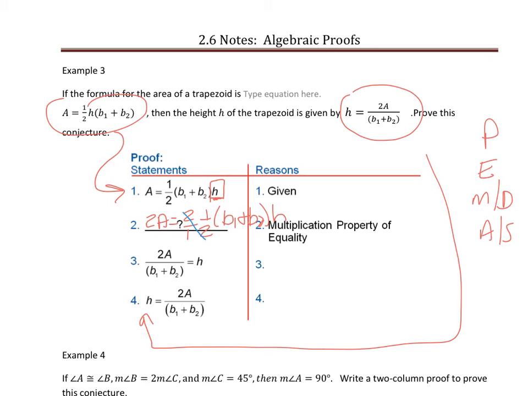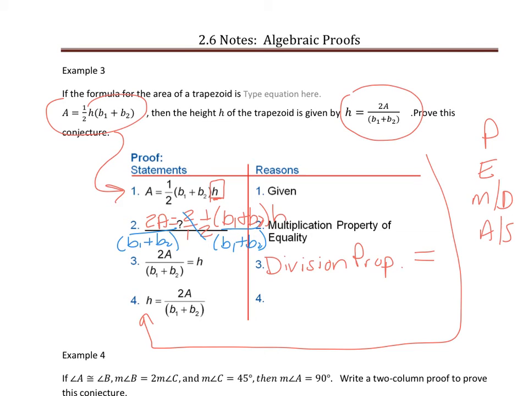So we're going to basically divide both sides by this sum, b1 plus b2. Whatever I do on one side of the equal sign, I have to do exactly the same thing on the other to maintain equality. So you can see here that we have the division property of equality at work. We're dividing both sides by the sum of the bases.